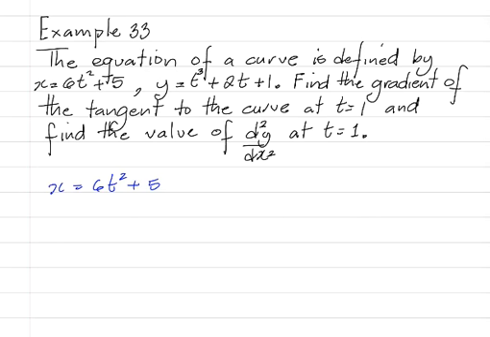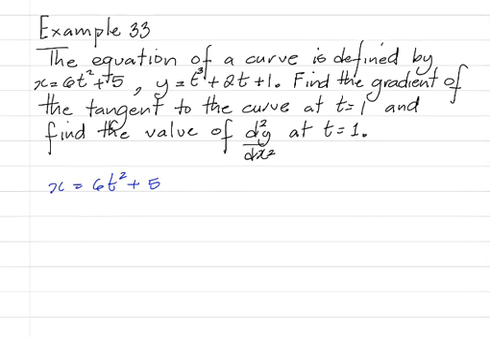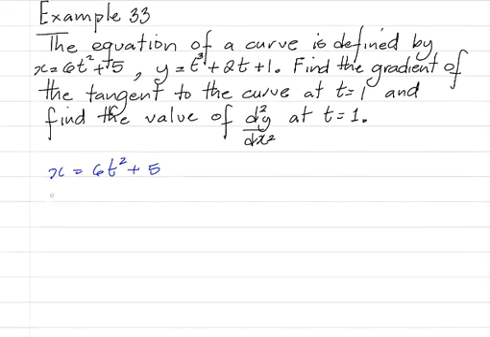Alright, let us find dx by dt. So dx by dt would be equal to 12t. 2 times 6 is 12. Reduce the power by 1 from 2 to 1.